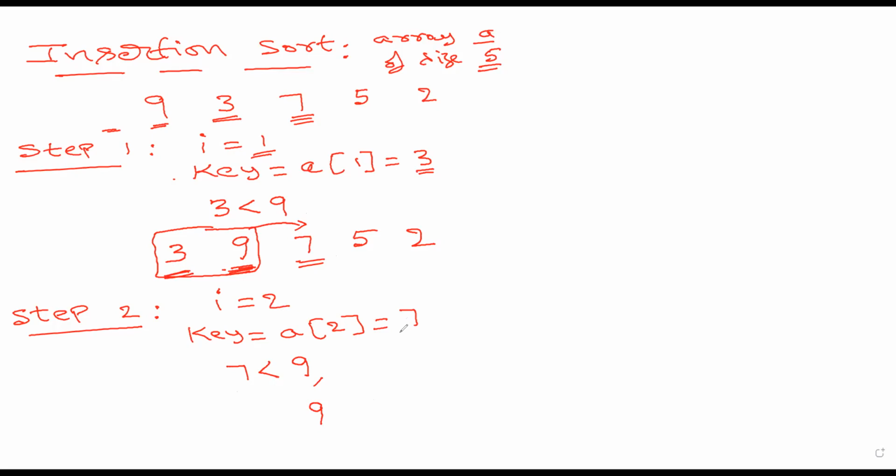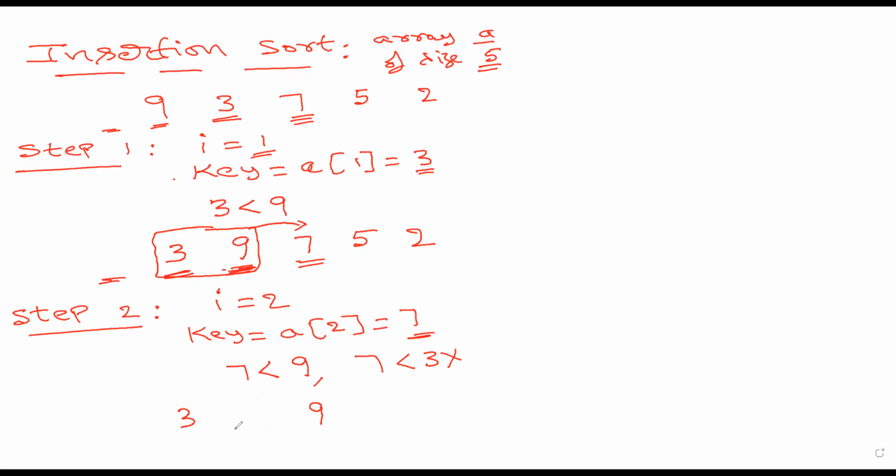So this key element we have to compare with 3. Is 7 less than 3? Condition fails. So in that case, there is no need to shift that particular value. So 3 is as it is. Before 3, no elements are left out. We have to stop our process here.